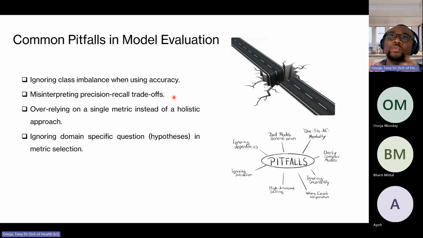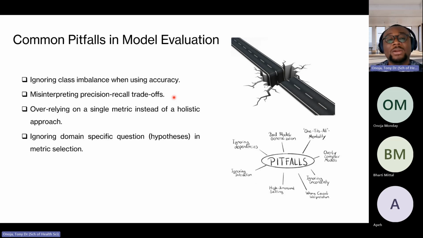What is your model really interested in? Is your model more interested in precision, or is it more interested in recall? Is it interested in both? If it has to do with both, then you know that the F1 score is likely going to take the lead. And whatsoever you're doing, you have to make sure you balance both metrics.